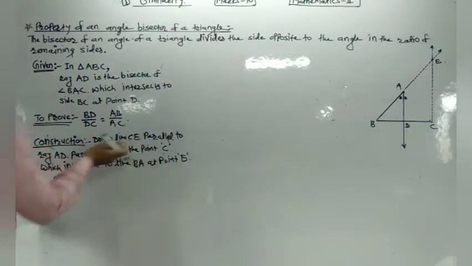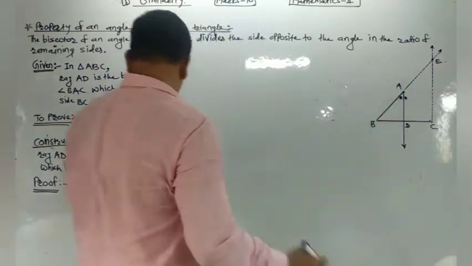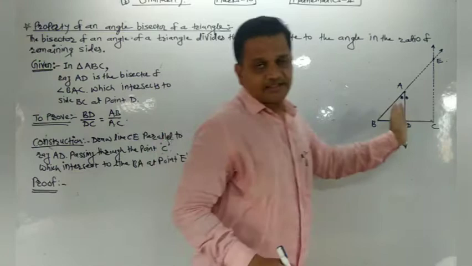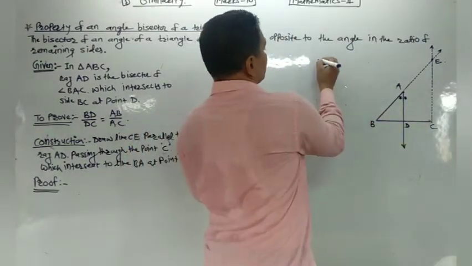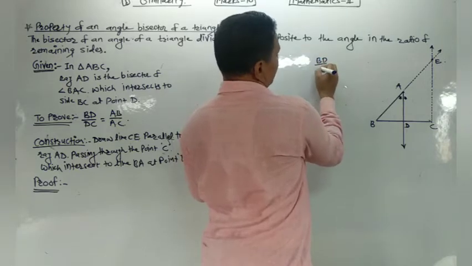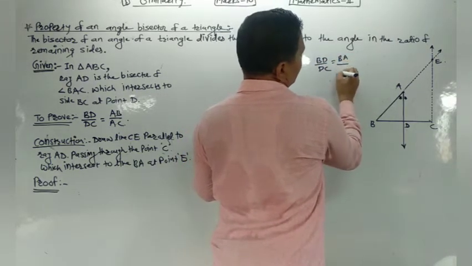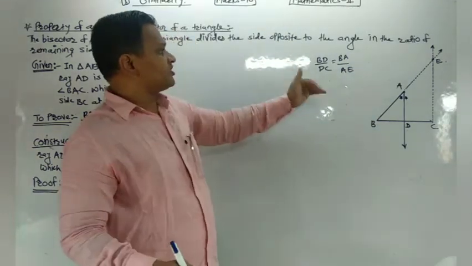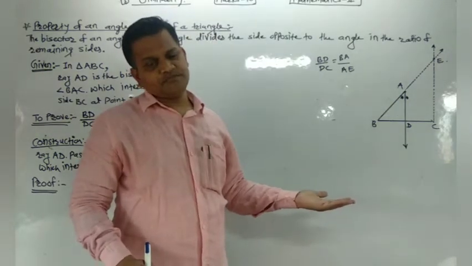Line EC is parallel to ray AD. Then by the BPT we get the ratio BD by DC equal to BA by AE. We get the equal ratio BD by DC is equals to BA by AE according to BPT.